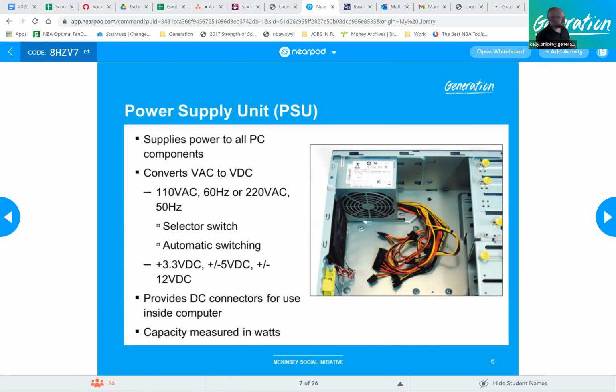All right. So the capacity that you're looking for is measured in watts, and you want to have an idea as to how you're going to be building out your unit.